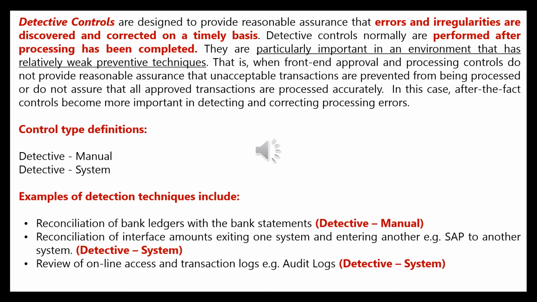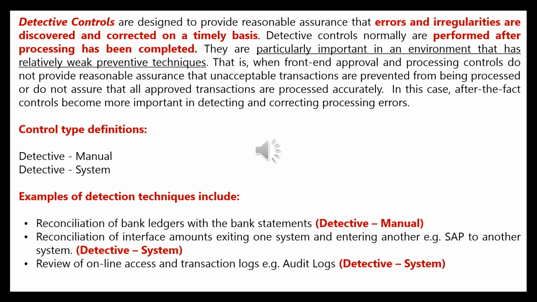Let's say your SAP is integrated to another system and data is flowing from one system to another system, and there is a detection mechanism which says that some of the entries which are appearing in a particular ledger are not reconciled. Again, it's a detective control, but because it is driven by the system and there is no human intervention in it, it's a systemic control.